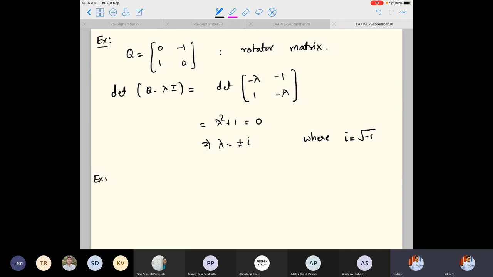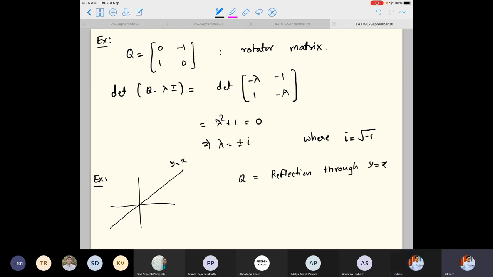Similarly, now only through geometry you tell me. Suppose this is the space R2 and this is the y equals x subspace, passing through the origin. I have a matrix Q which gives me reflection through this line y equals x. Like the rotator matrix, we also had a reflector matrix, which we defined.